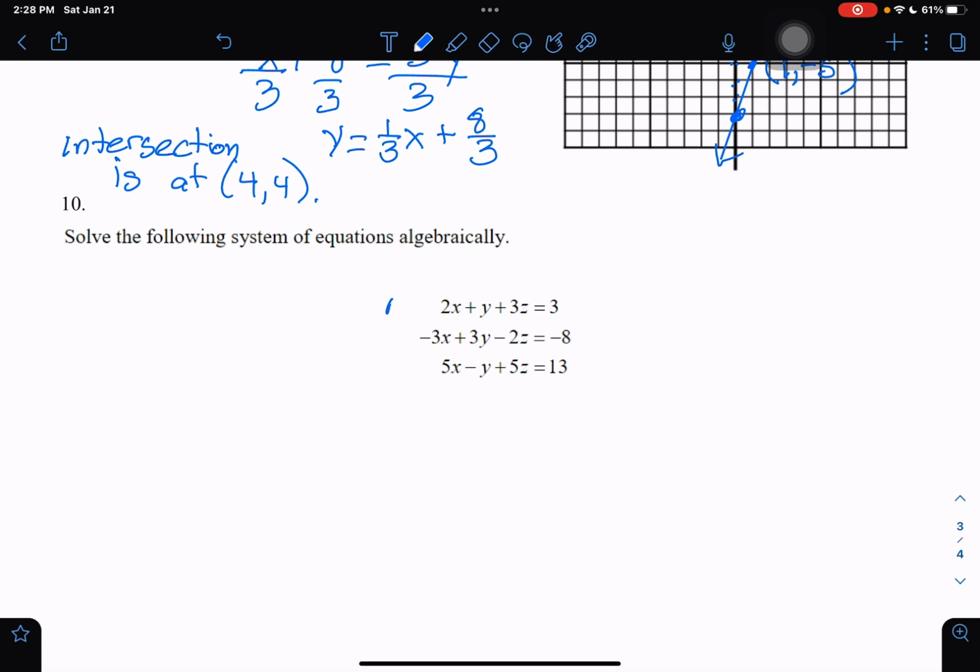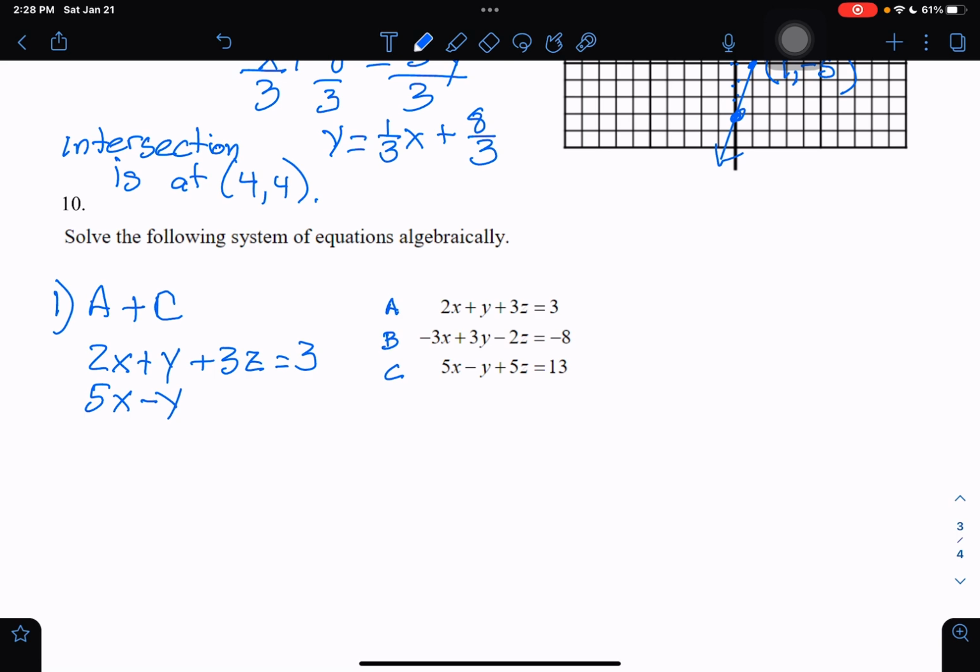If we label this as A, this is B, and this is C, the first thing I would do is add A plus B. I'm sorry, A plus C. Just add those two equations, and the y's will cancel out. A plus C.